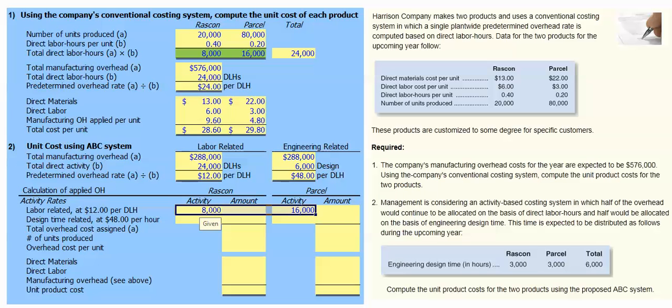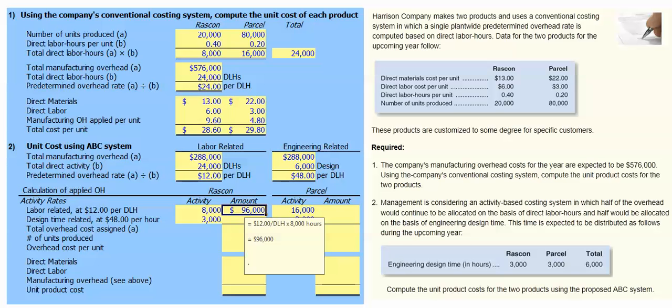We'll now calculate the application of applied overhead. Our labor-related overhead cost will be based on 8,000 direct labor hours for the Rascon and 16,000 for the Parcel, and these were calculated above. Our design time related at $48 per hour will be allocated based on our estimated engineering design time for the Rascon and Parcel, which we're told is 3,000 hours for each of the products.